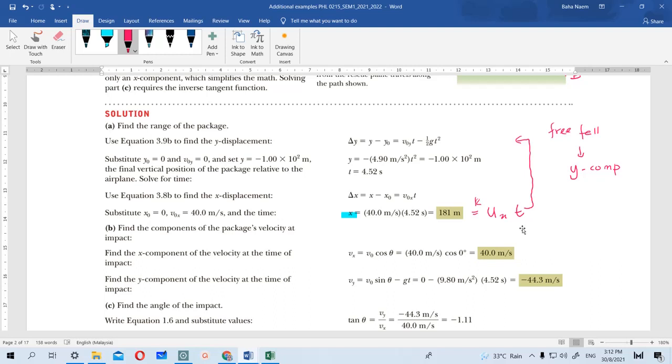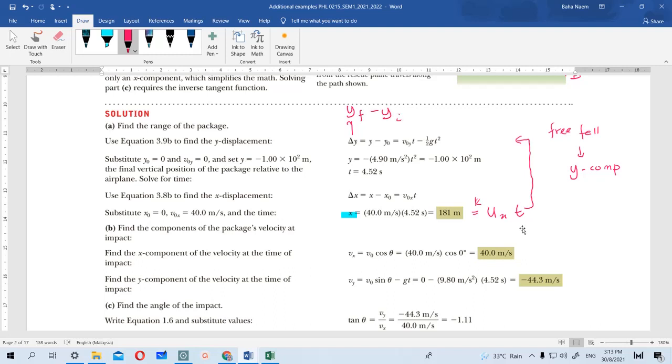And as you can see here, the expression delta y is ut plus half at squared, where a is negative 9.8. Look at how they substitute dy. Okay, let me jot it down. Y final minus y initial.